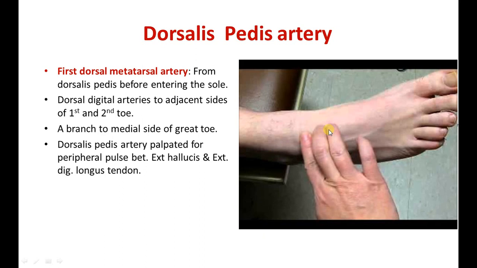So peripheral pulse can be recorded, and a very important thing is it is absent congenitally in 14% of people. So you should also keep that in mind. Sometimes if the peripheral pulse is absent, it might also be due to the absence of this artery. So it is one of the arteries chosen for peripheral arterial pulse, like your radial artery.